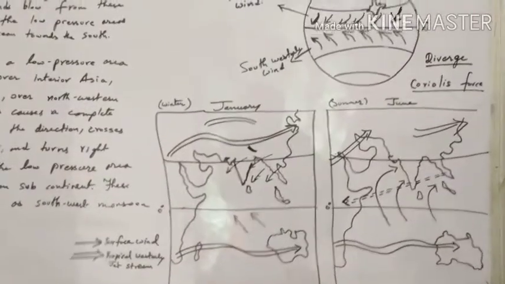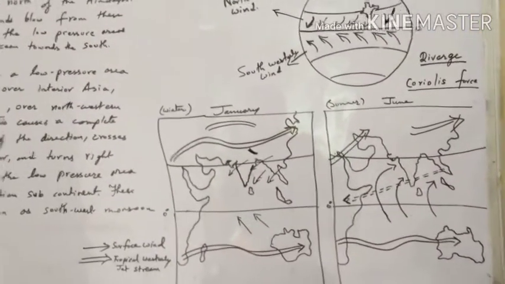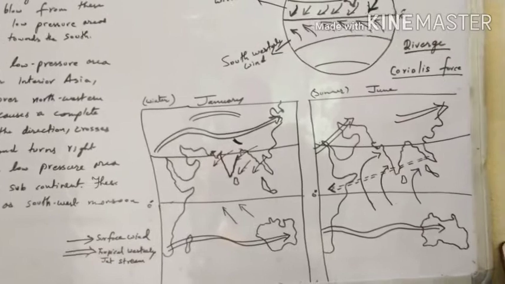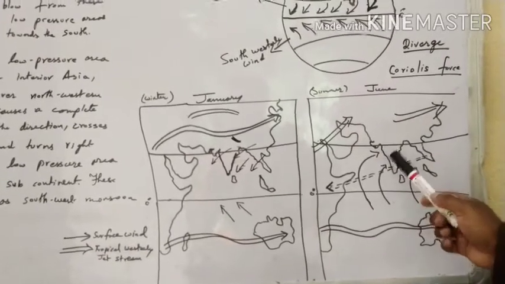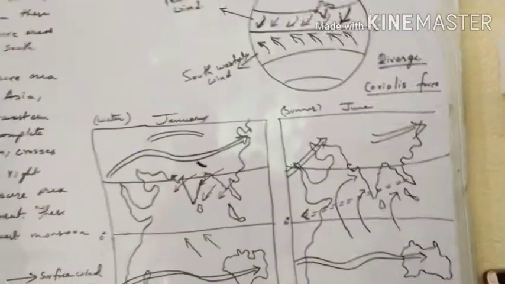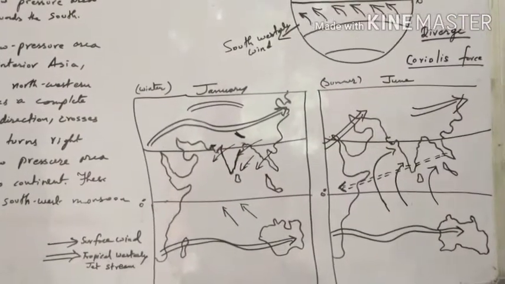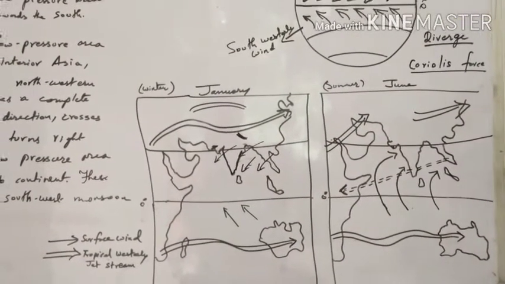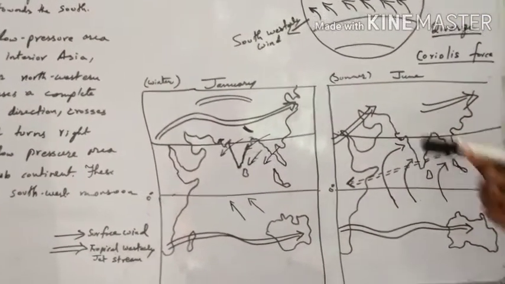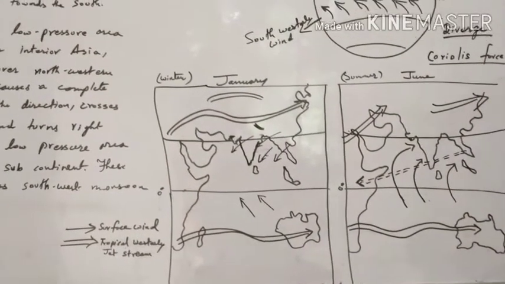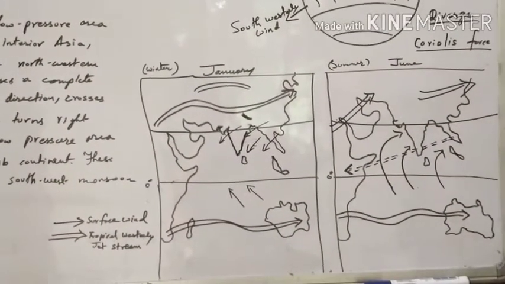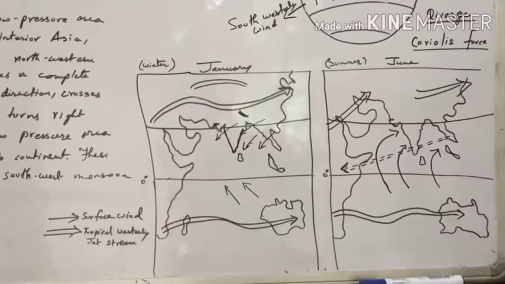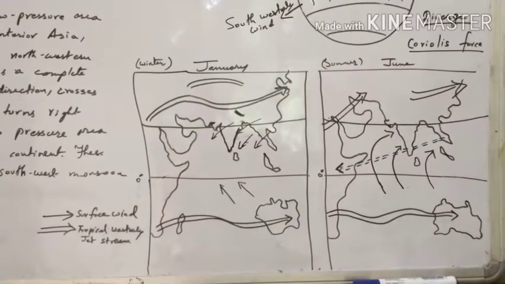Now let us understand about summer. In summer, the low pressure area is developed over the interior of Asia. That means this is our country, and towards the interior part of Asia, a low pressure is created. You know that towards the west of our country lies the Thar Desert, and above the Himalayan region, on the China border, you'll find a place where there is no vegetation.